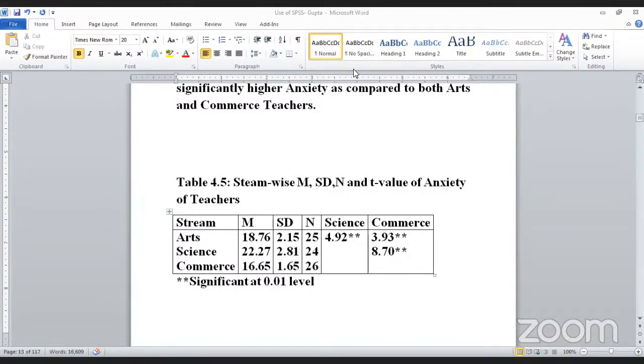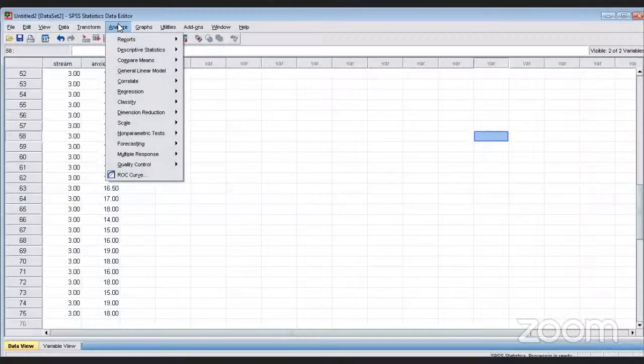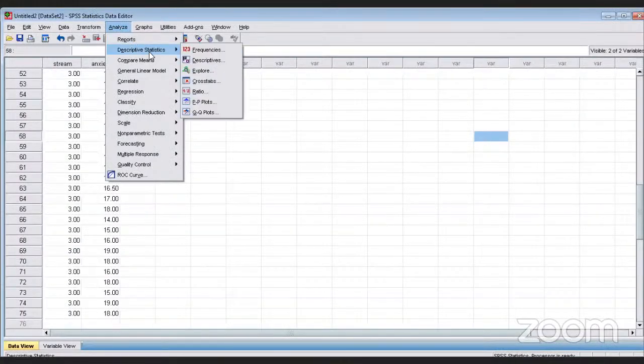Okay, Sujanya, let me show you. This is your data. So we go to Analyze, then go to Descriptive Statistics, and then go to Explore.